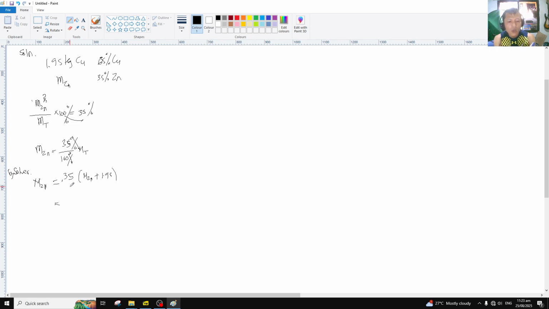So what you will do, you will have alpha x, alpha x for zinc, so x is what we consider, and then you put alpha equal. Then 0.35 times, you put it in a bracket, alpha x plus 1.95.